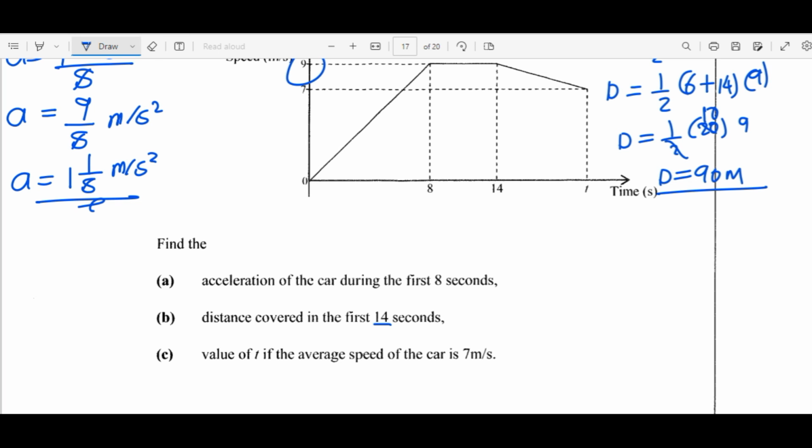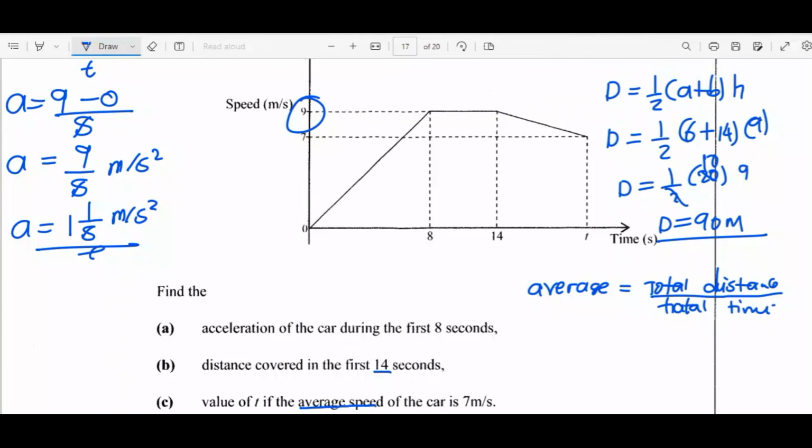If you look at question C, they want the value of t given the average speed of the car is 7 meters per second. So what is the average speed formula? Average speed is equal to total distance over total time. So that's what we are going to use. Now, do we have the total distance? Let's see what we can make from the given.